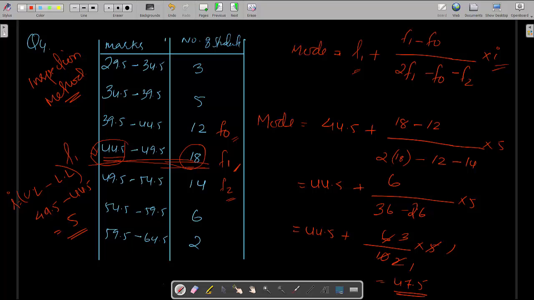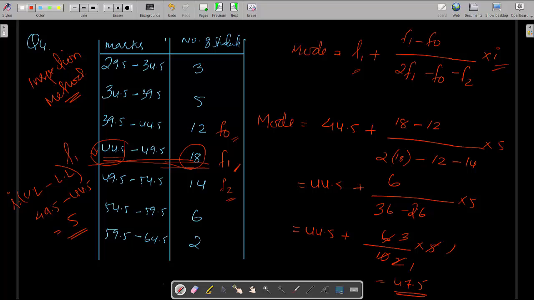In question number 7, you're asked to calculate by the grouping method. It says, from the following data, calculate the value of mode by the grouping method. Apart from that, the rest you have to calculate by the inspection method, the easy one. Grouping method is also not difficult. However, it's a little lengthy process, but we will learn how to do it now.